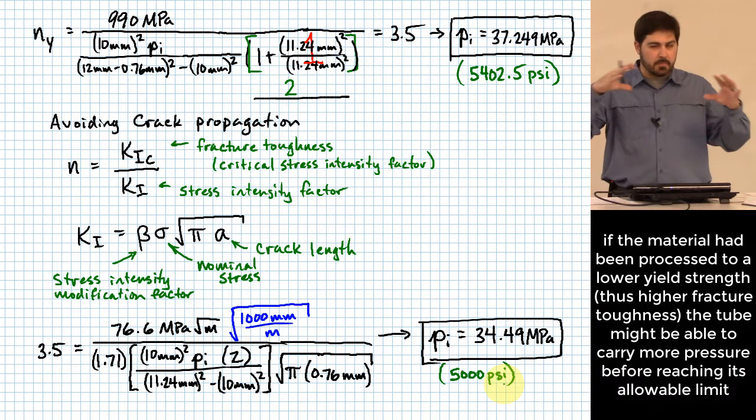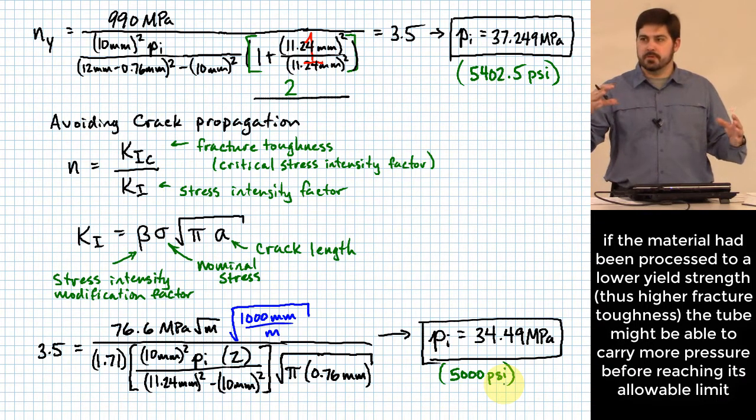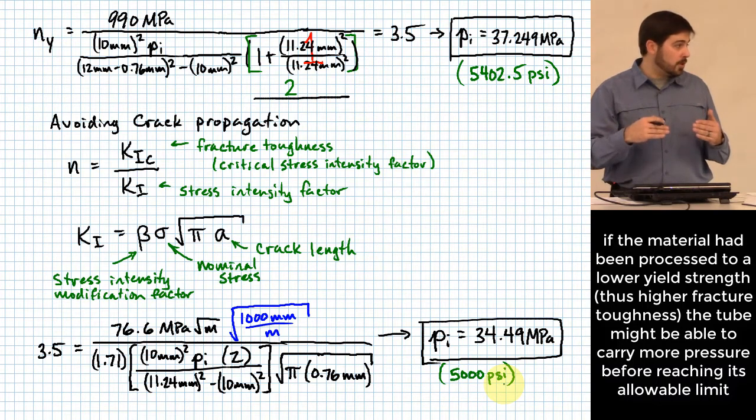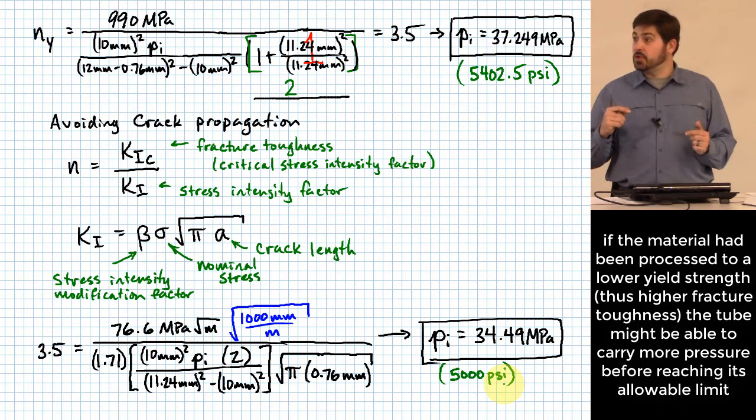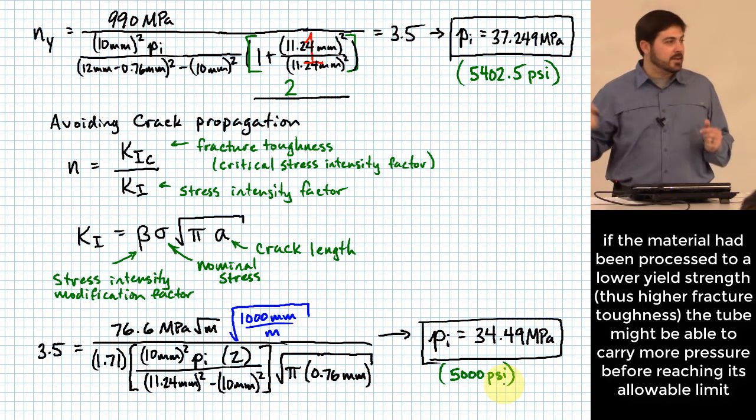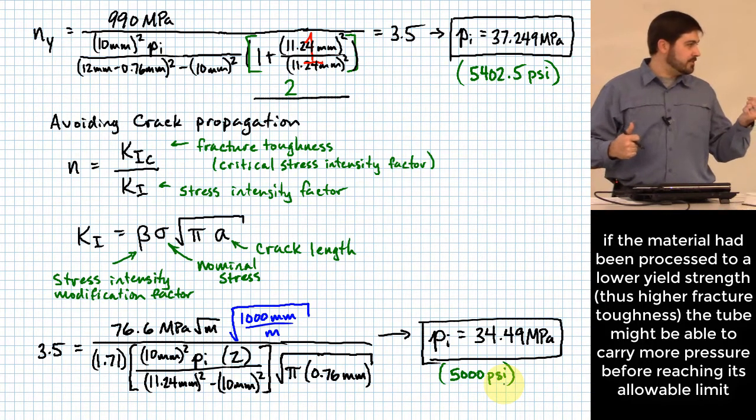I'm talking in big, broad terms, right? Think of this titanium, and it's been cold worked to 990 MPa. Don't cold work it as much, right? If you didn't cold work it as much, it would be less likely to crack before it would be likely to yield.